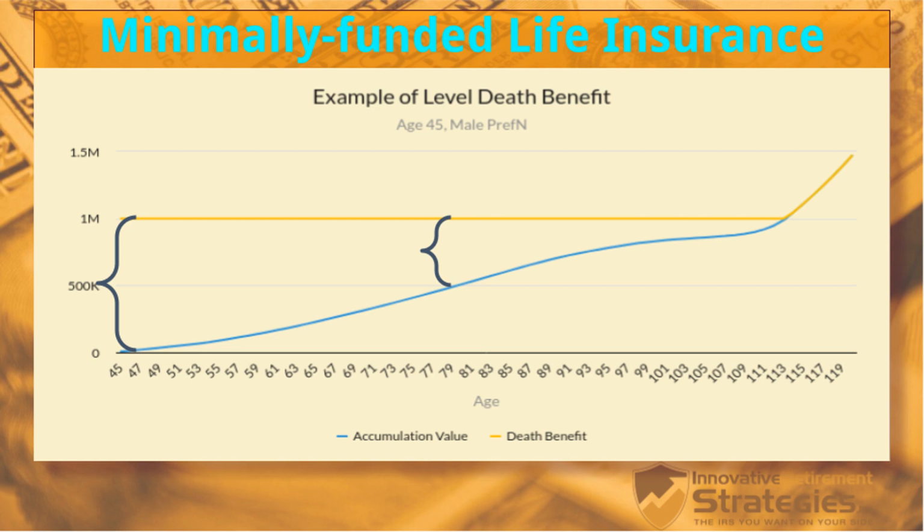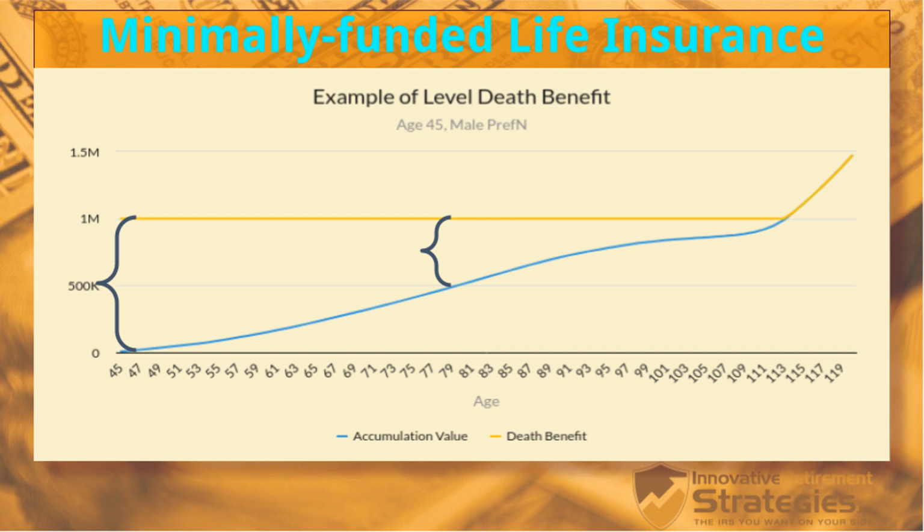So another important thing to take note of here is that if we look at age 79, you can see that roughly one half of the death benefit has already been accumulated in the cash value. So the insurance company only has about $500,000 of remaining obligations or risk to themselves.